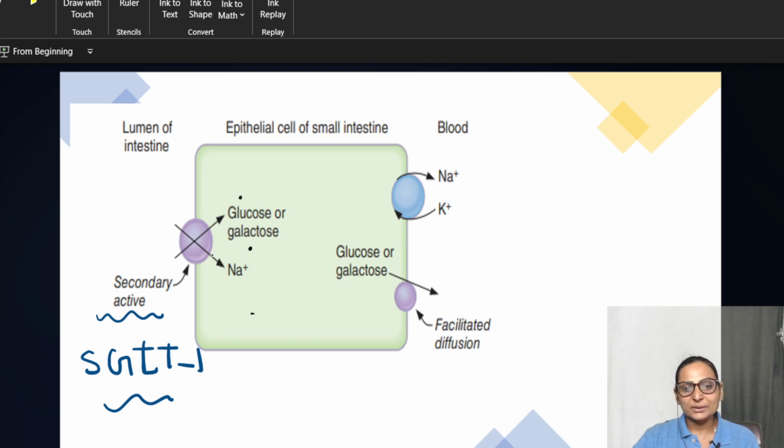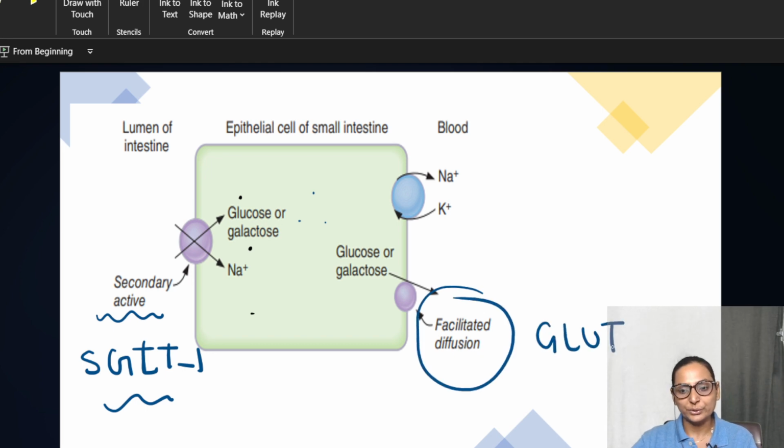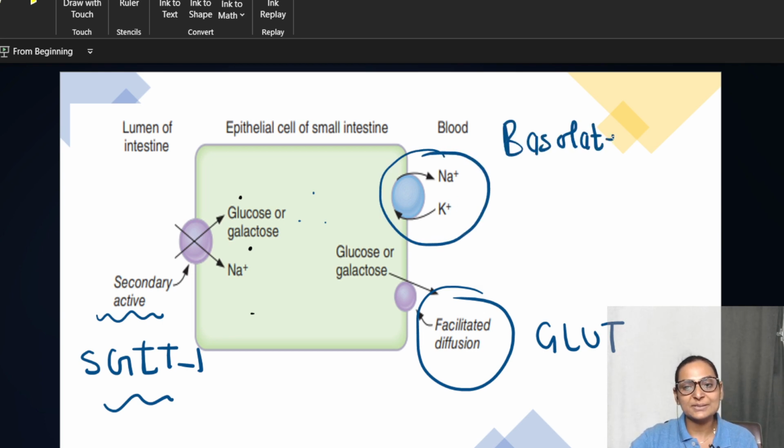Once the glucose or the galactose binds to this cotransporter, they will come into the cell and they will be transported on the basolateral side by facilitated diffusion, that is GLUT. This is a secondary active transport mechanism which actually depends for its energy on the primary sodium potassium ATPase pump, which is present on the basolateral side.